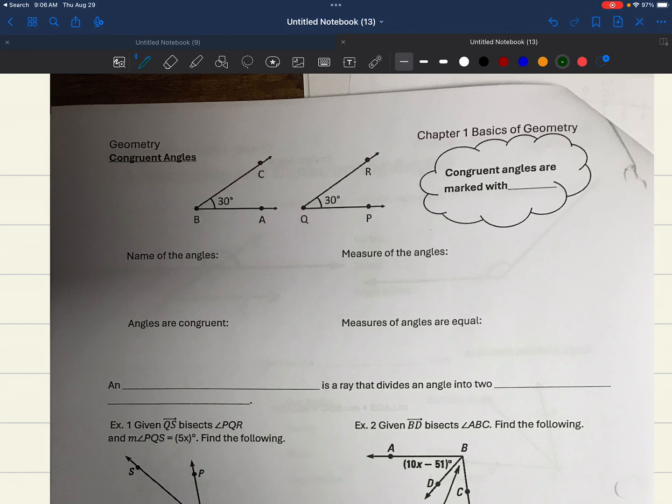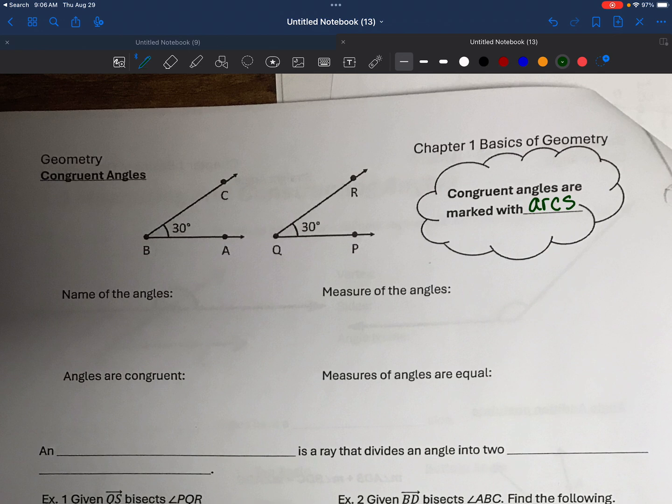Now, we did talk about congruent angles just a little bit ago, okay? Congruent angles here are marked with an arc, right? Okay, so if we mark congruent angles with an arc, now we did talk about earlier, sometimes those arcs can have lines through them, but that's really if you have extra sets of angles, right?